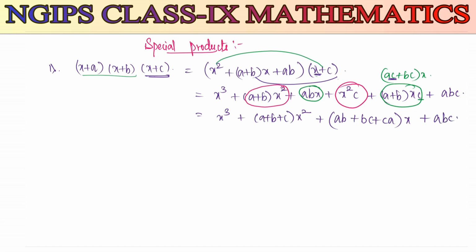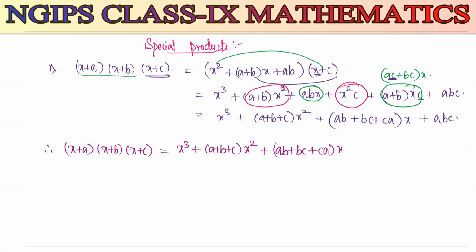Therefore the formula: (x + a)(x + b)(x + c) is equal to x³ + (a + b + c)x² + (ab + bc + ca)x + abc. So this is the formula.